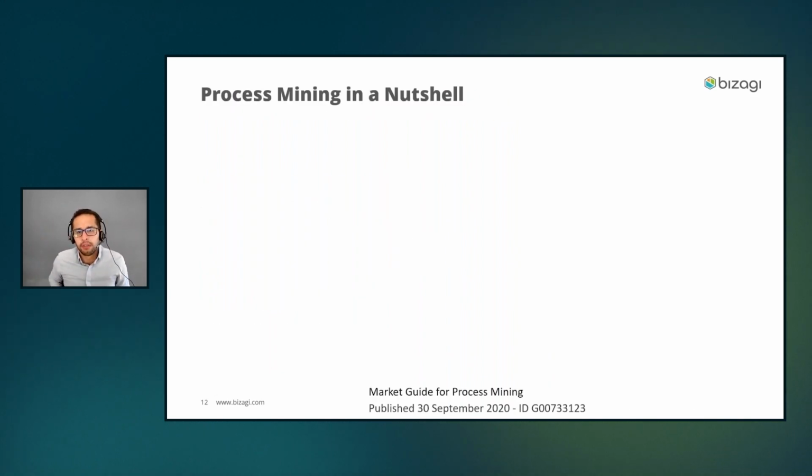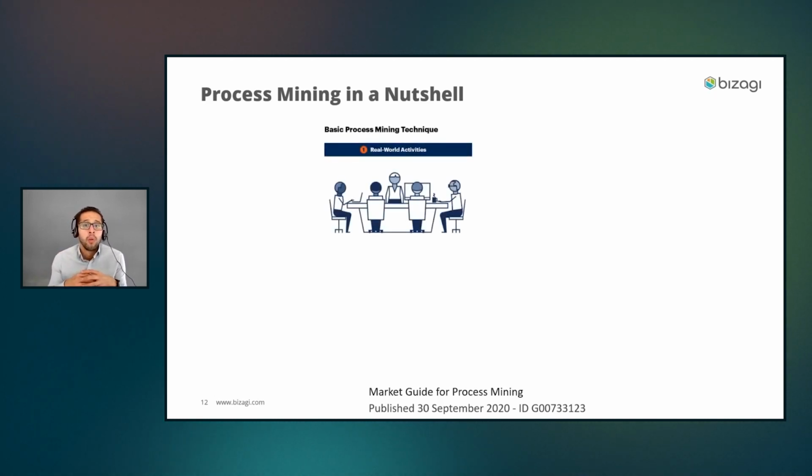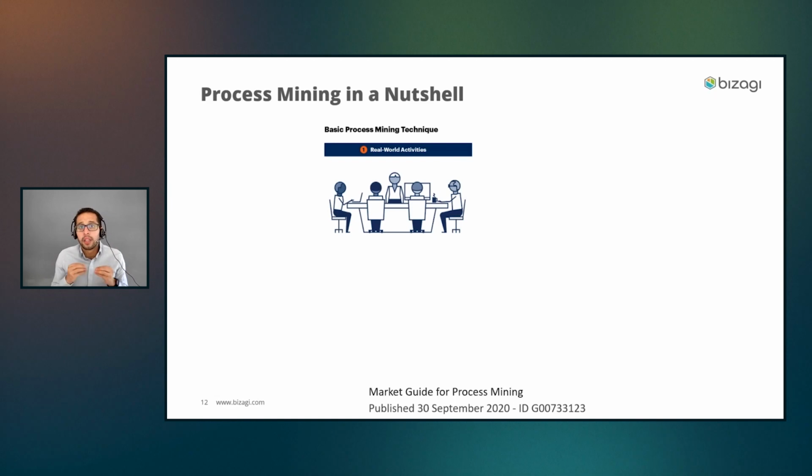Using a really cool explanation from Gartner, process mining in a nutshell is something like this. We're going to define a process as an organization. We're going to define the steps that we must follow, who is responsible for every single step, every single validation that we must apply, and every single consideration that we need to take into account.